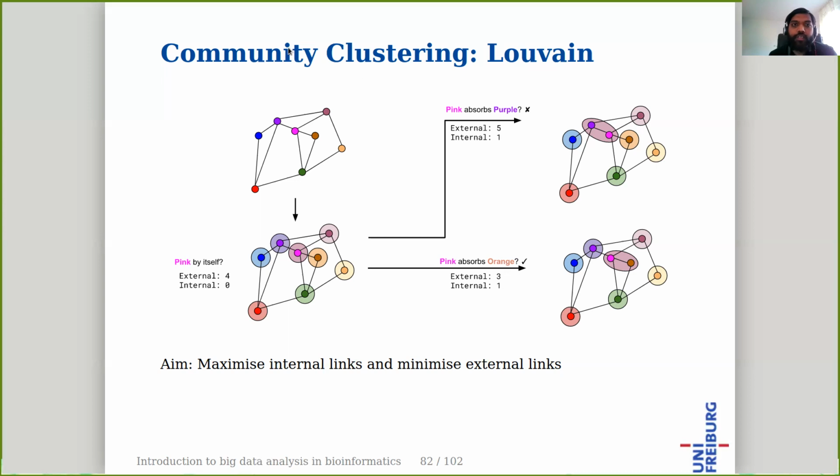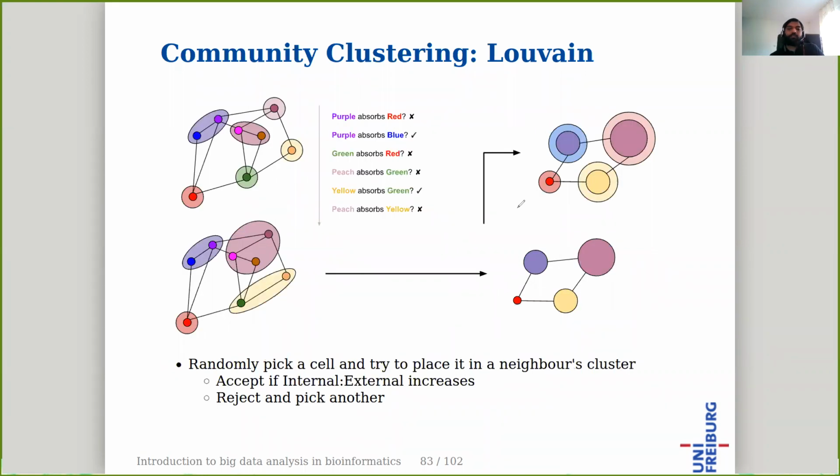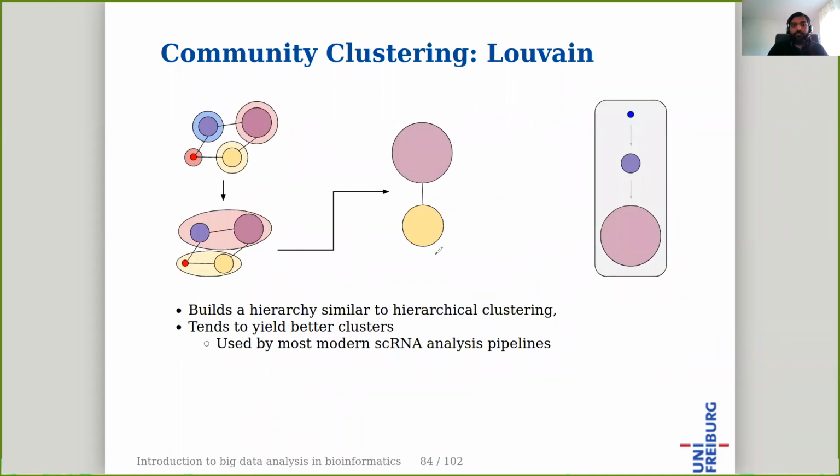This process is repeated until we have consumed all possibilities. We try all possible ways, always maximizing the internal links and minimizing the external ones. In the end, you get only two nodes, and then we just put them together.